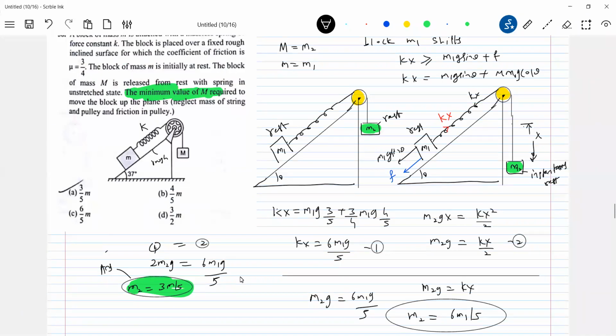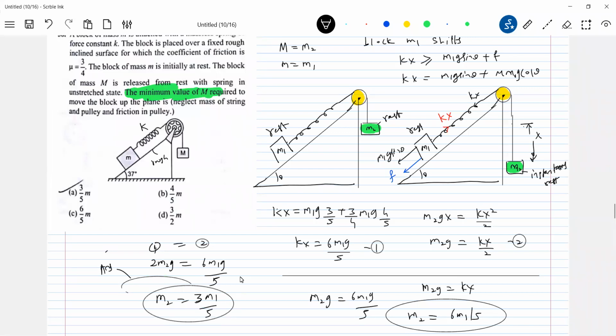Look among these, which one is the minimum? Here M2 equal to 3M1 by 5. Compared to these two, which is minimum? 6M1 by 5 or 3M1 by 5? 3M1 by 5 is minimum.